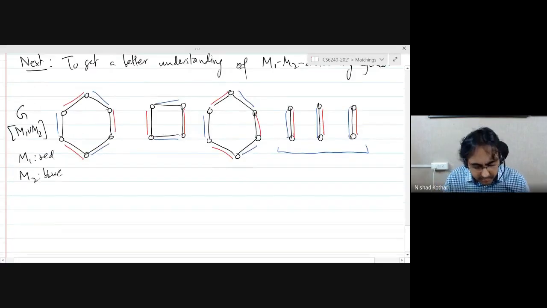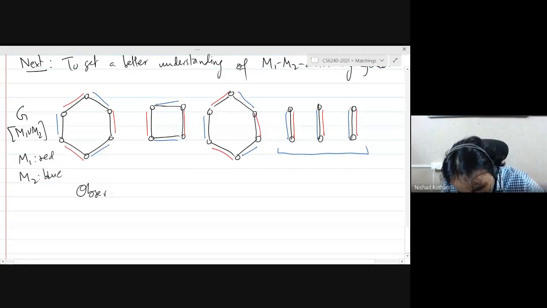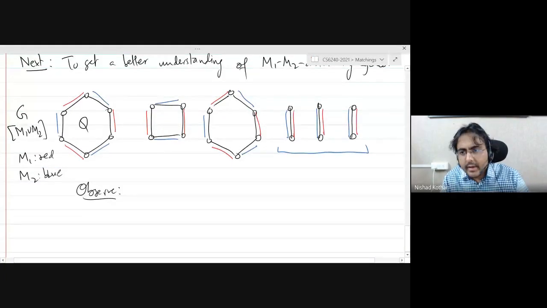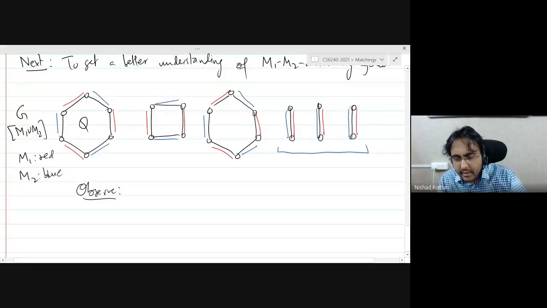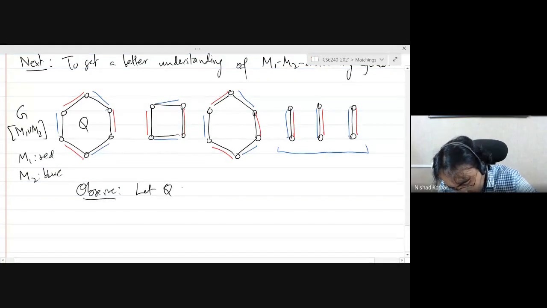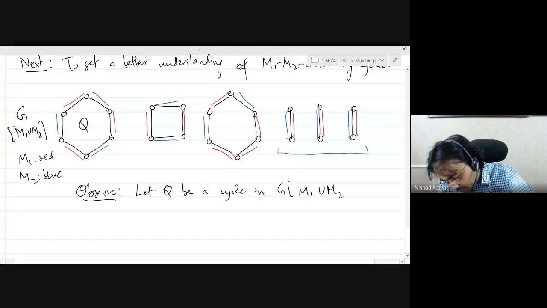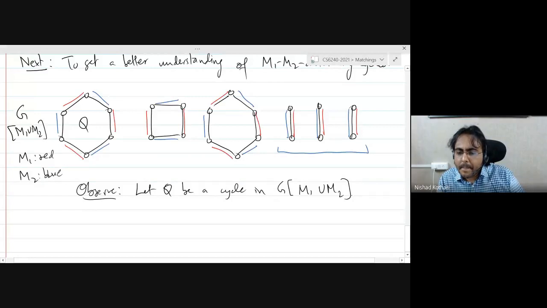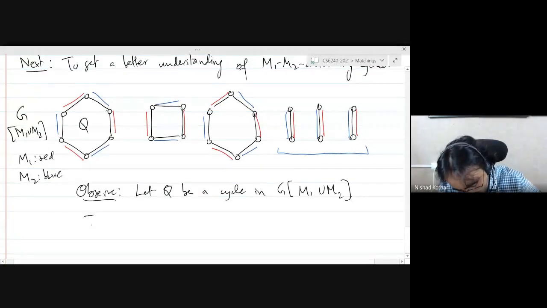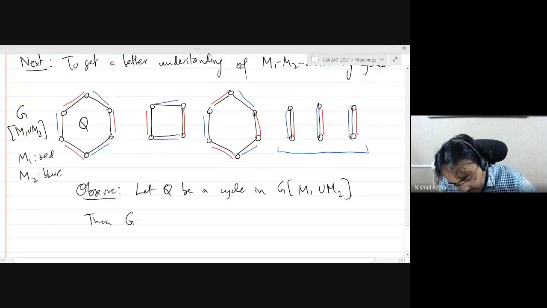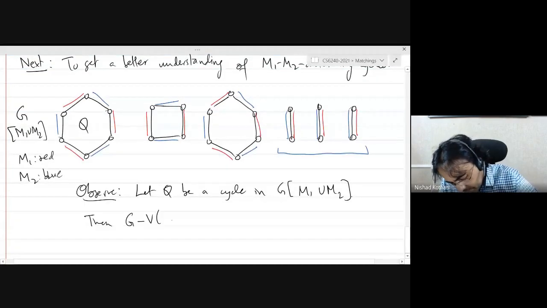I want you to observe that if Q is any cycle in this graph, so let Q be a cycle in the graph M1 union M2, then G delete the vertices of Q has a perfect matching.